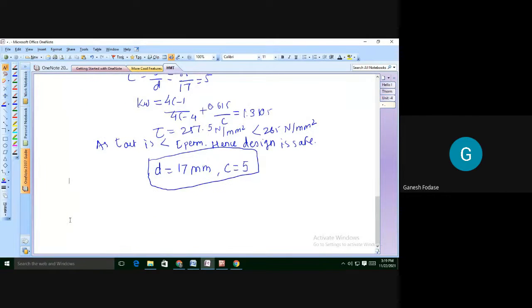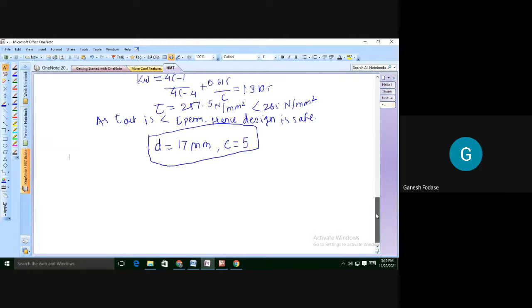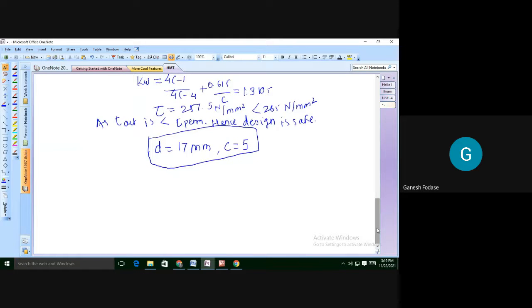For this, which formula you can use? Tell me. To find out number of turns or coils, we can say. So we need to find out number of active coils. Yes.